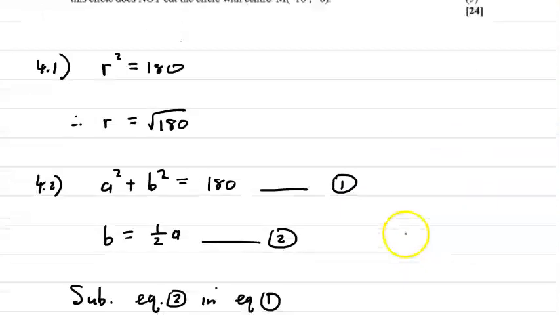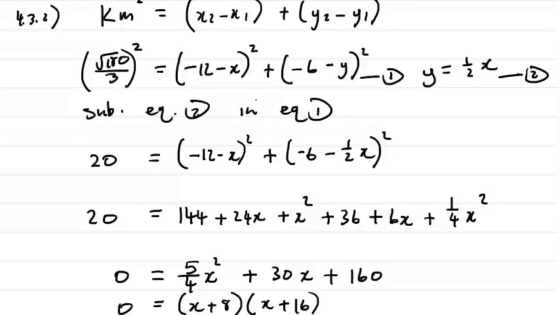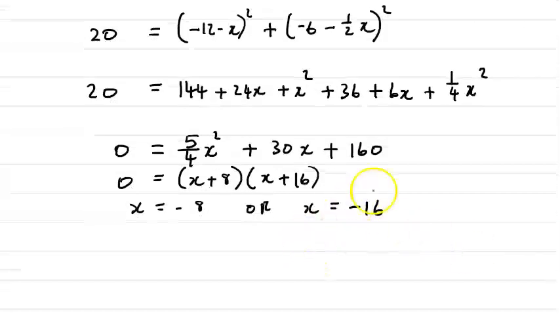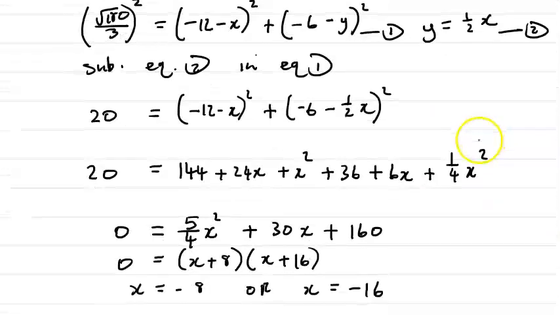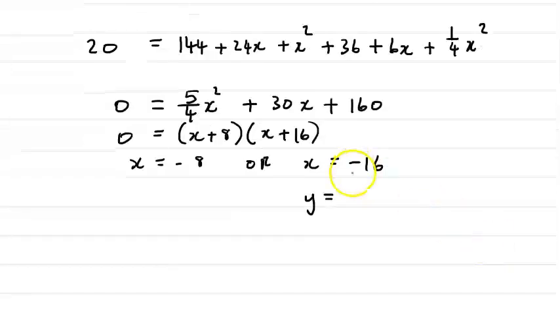Alright, so therefore M has to be minus 16. Now let's go find the y value. Now remember that the y value, we can get it by looking at this equation, y equals to half x. So therefore it will be y equals to half times minus 16, which is equal to minus 8.